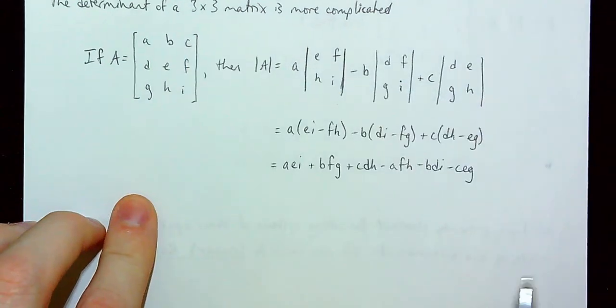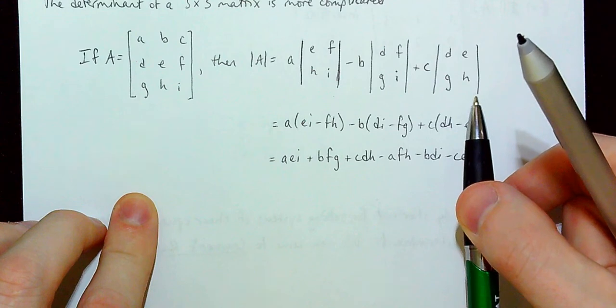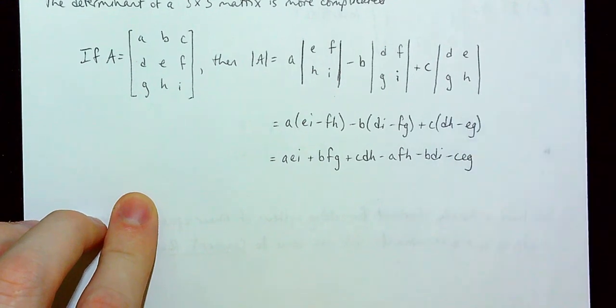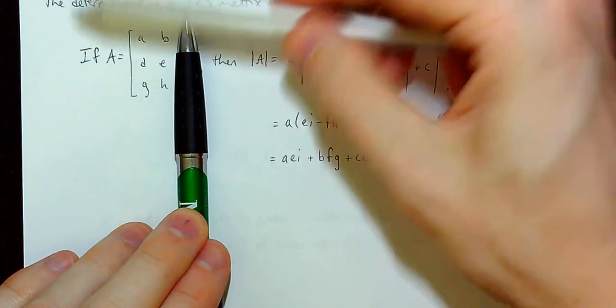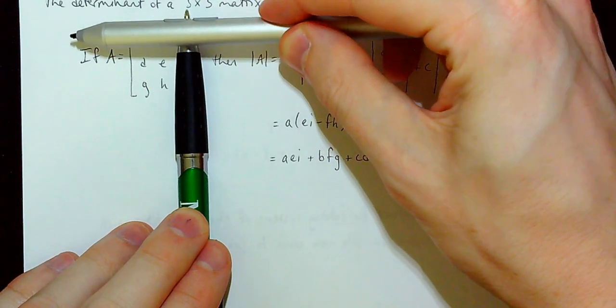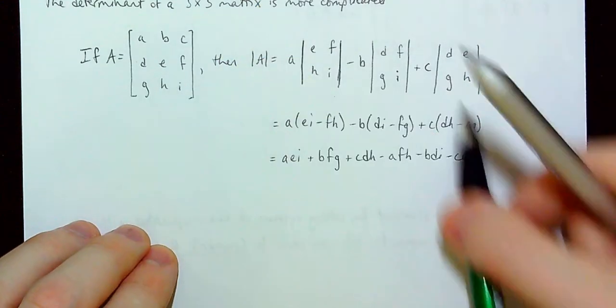And then I have plus C times the determinant of D, E, G, H. If I removed the row and column that contain the element C, I would be left with D, E, G, H. I'd be left with that 2 by 2 matrix.